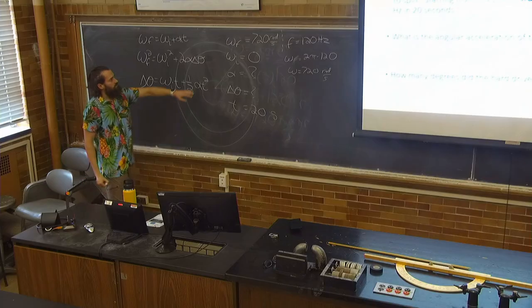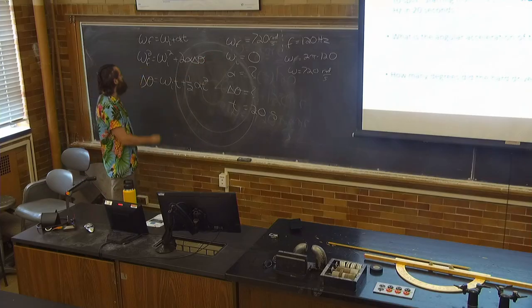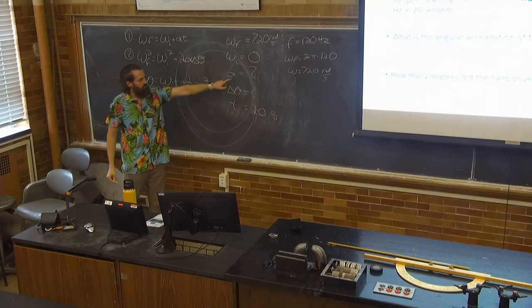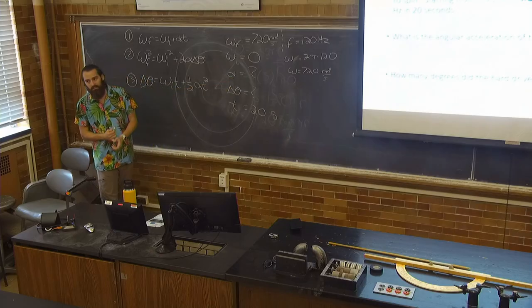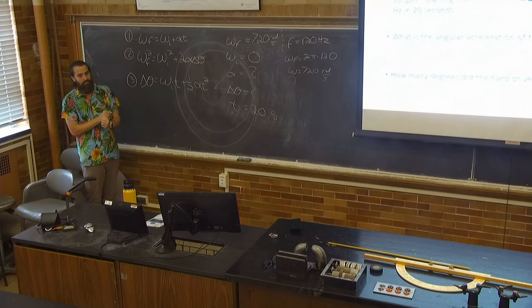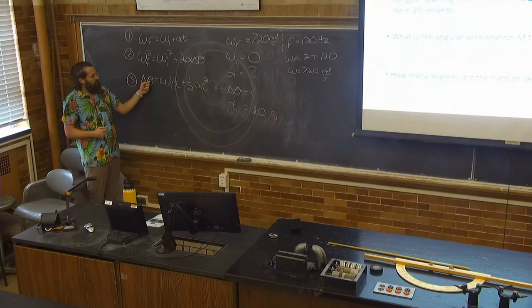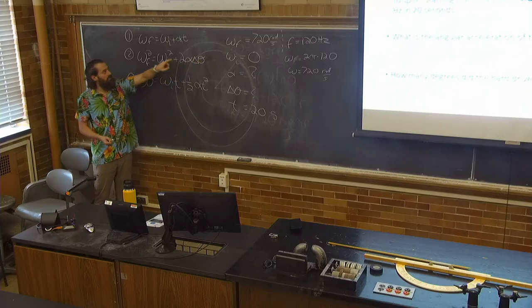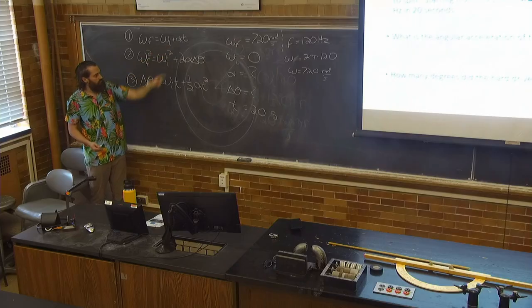So given these variables, which one of these equations do we want to pick to solve for the angular acceleration? Yeah, the first one. The last one, we don't know what the change in angle is, so we can't use that one. Same with the second one, we don't know the change in angle. So all that's left is the first equation.